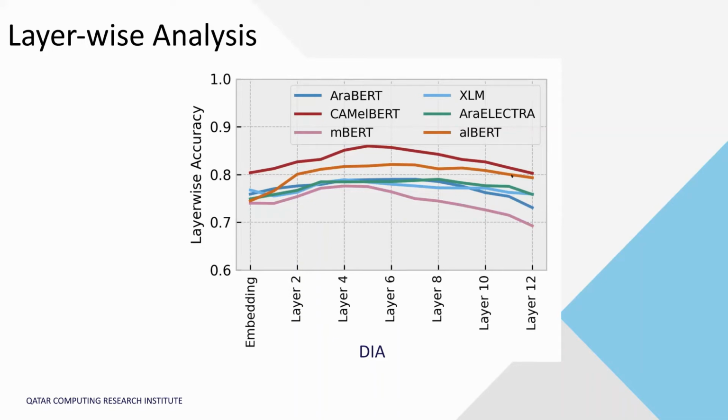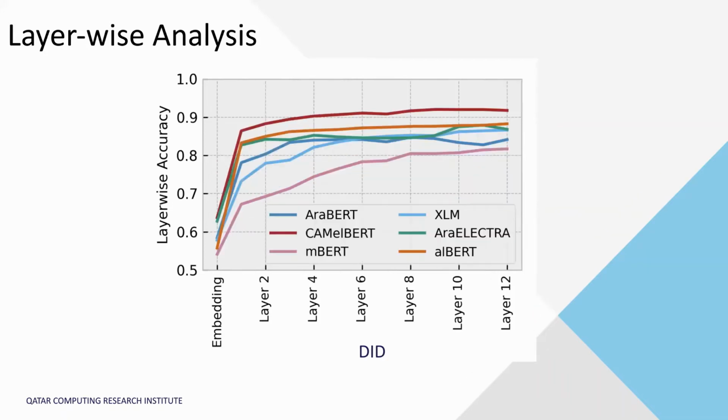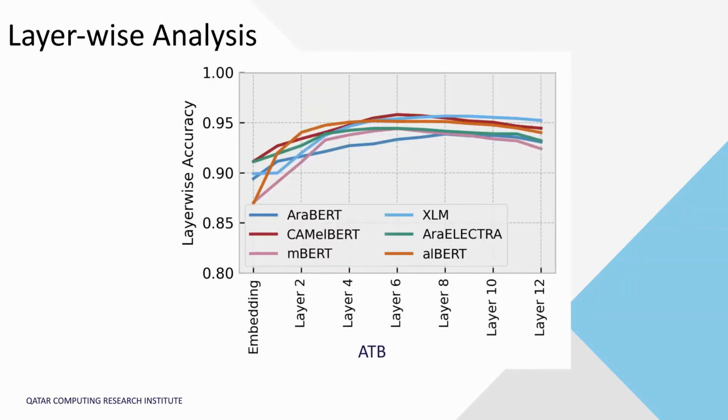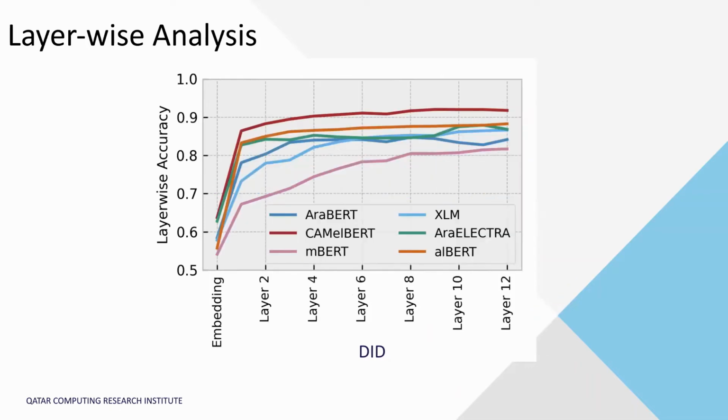There is also a slight drop at the end: the more you go to the top layers, there is a drop in performance. It is the same for dialect identification, which is code switching. Here we don't see that dip at the end of the last layers; all the layers keep the same performance until the end. This is different from what we saw for the previous models, which tend to go down on the higher layers.